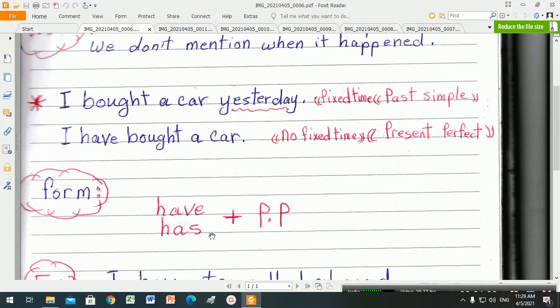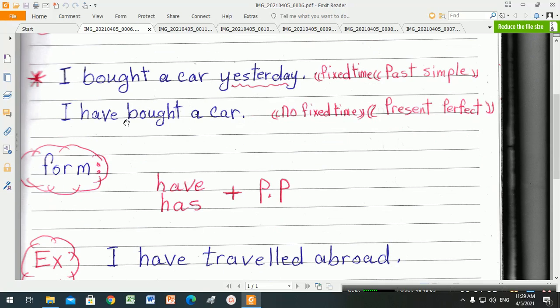And the form of the present perfect tense, we use have and has plus pp. And what is the meaning of pp? It's the past participle. And what is the meaning of the past participle? This is the third form of the verb. يعني التصريف الثالث للفعل.